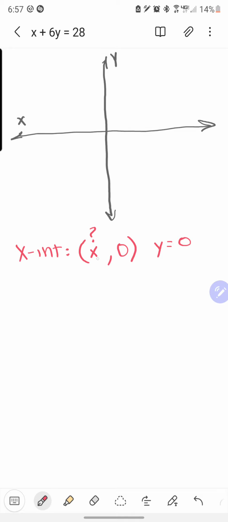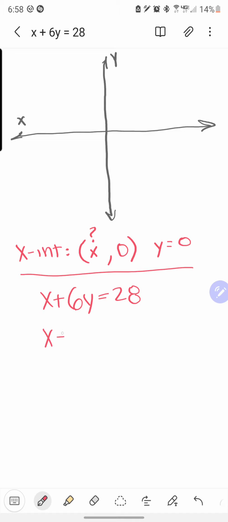So we have to solve for that x. We're going to write down the equation, which is x plus 6y equals 28. Now we're going to plug in the y as 0. So x plus 6 times 0 equals 28.